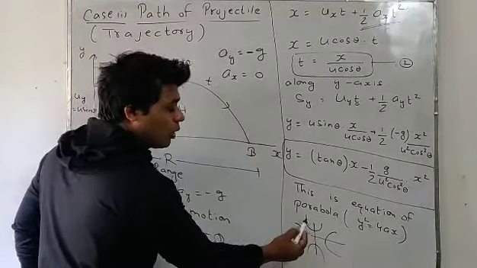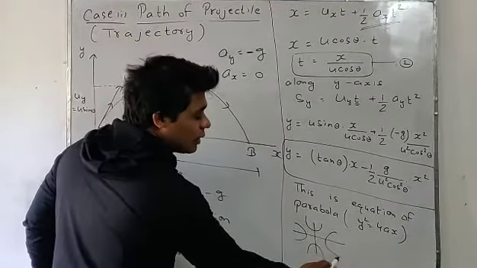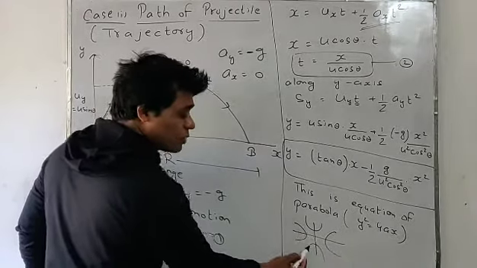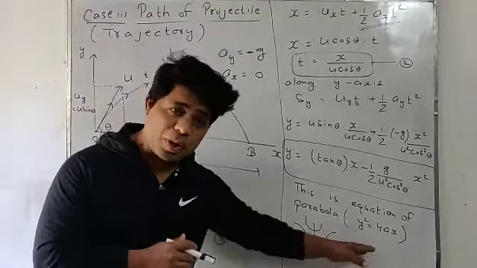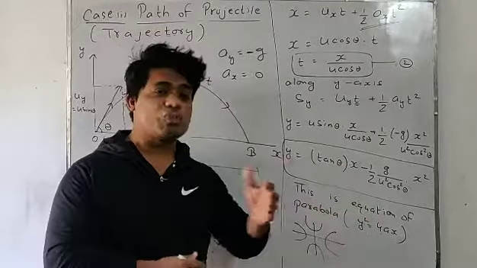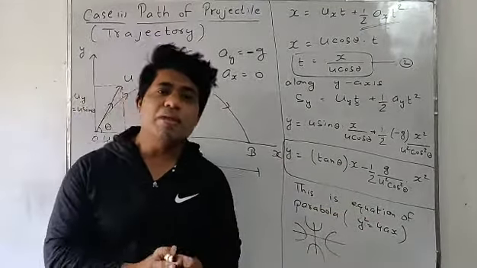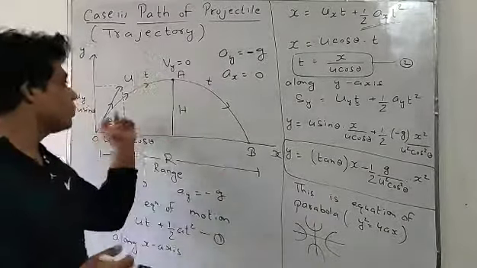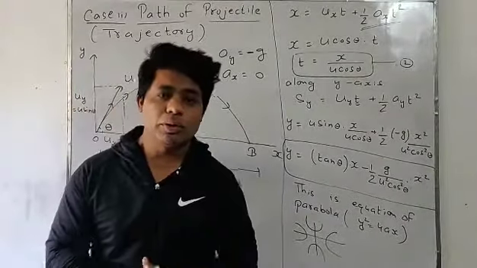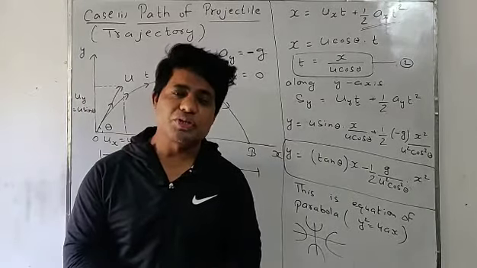This is the form of a parabola; it can open either way. So whenever an object executes projectile motion, its path should be parabolic. That is our first case. Okay, students?